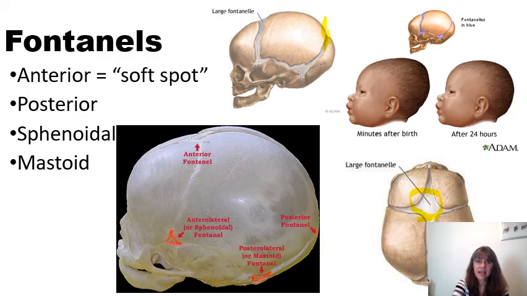There is a mastoid fontanelle and a sphenoidal fontanelle. So minutes after the baby is born, his or her head looks very misshapen, but it only takes a day for that baby's head to reshape into what we would consider a more normal appearance.